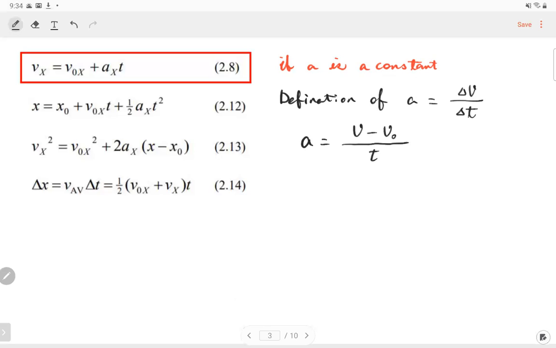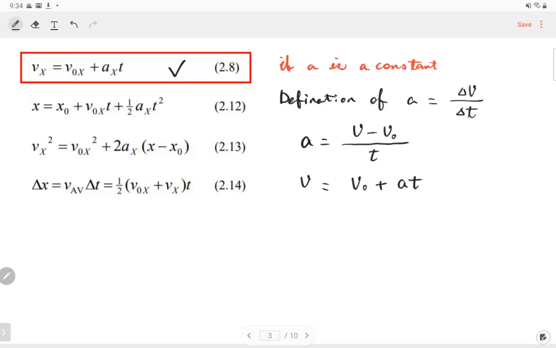Then we have the final velocity equal to the initial velocity plus acceleration multiplied by time. This is just simple math from the definition of acceleration. Then we get the first equation.